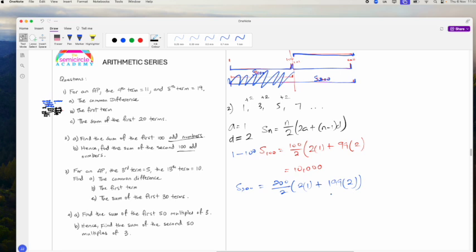That is 398 plus 2, which is 400, times 100, which is 40,000.